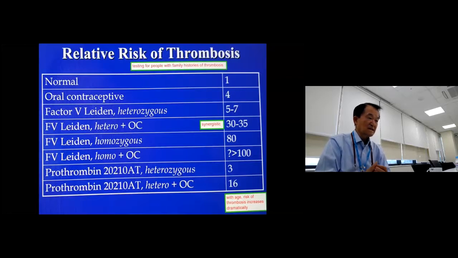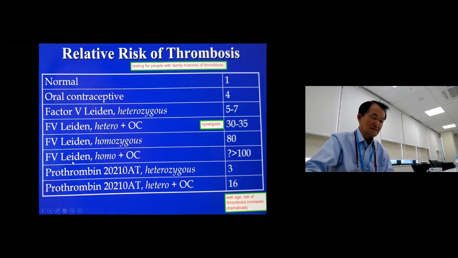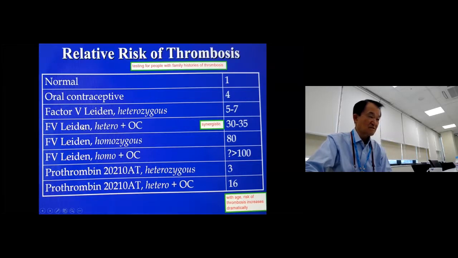So compared with the normal, if they quantitate, you can see certain factor 5 Leiden, that's the highest risk. So this factor 5 Leiden is very high risk.